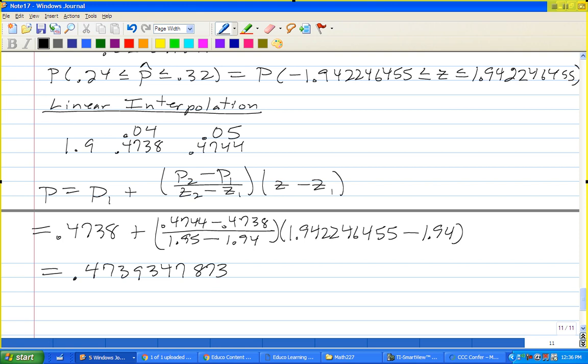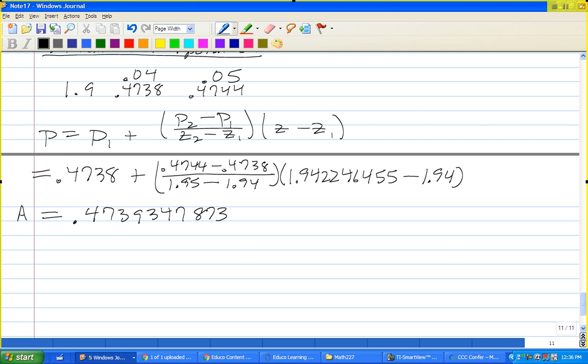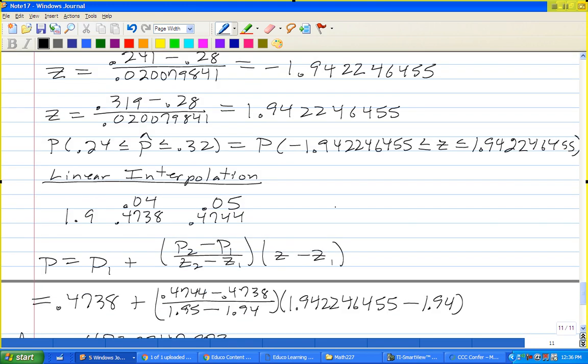And so, let's call this A, the area I'm trying to compute.